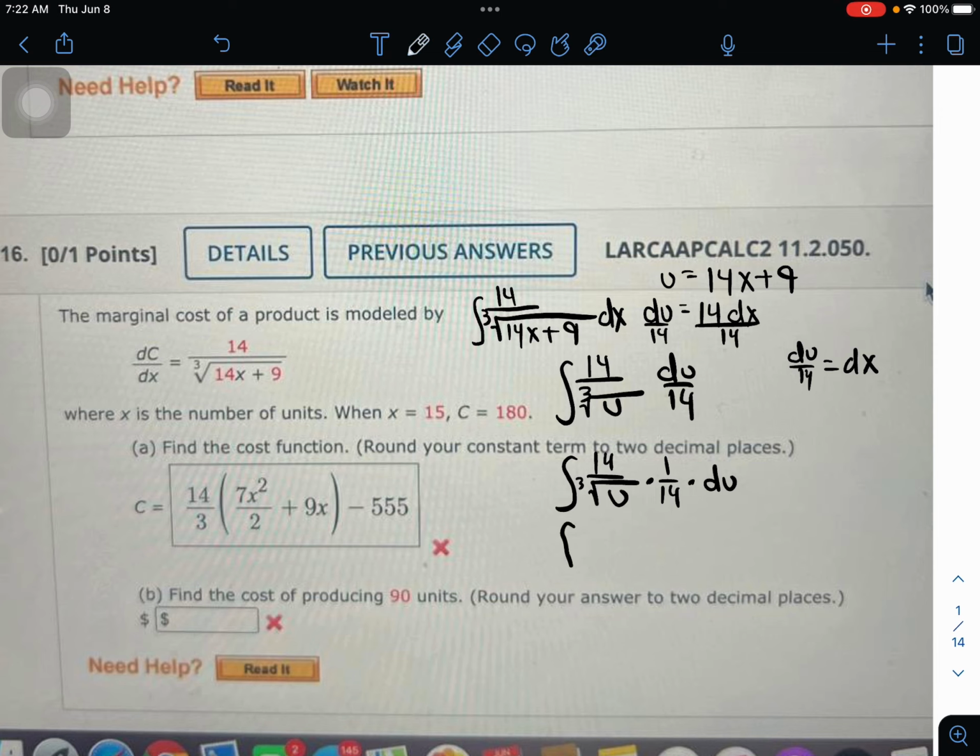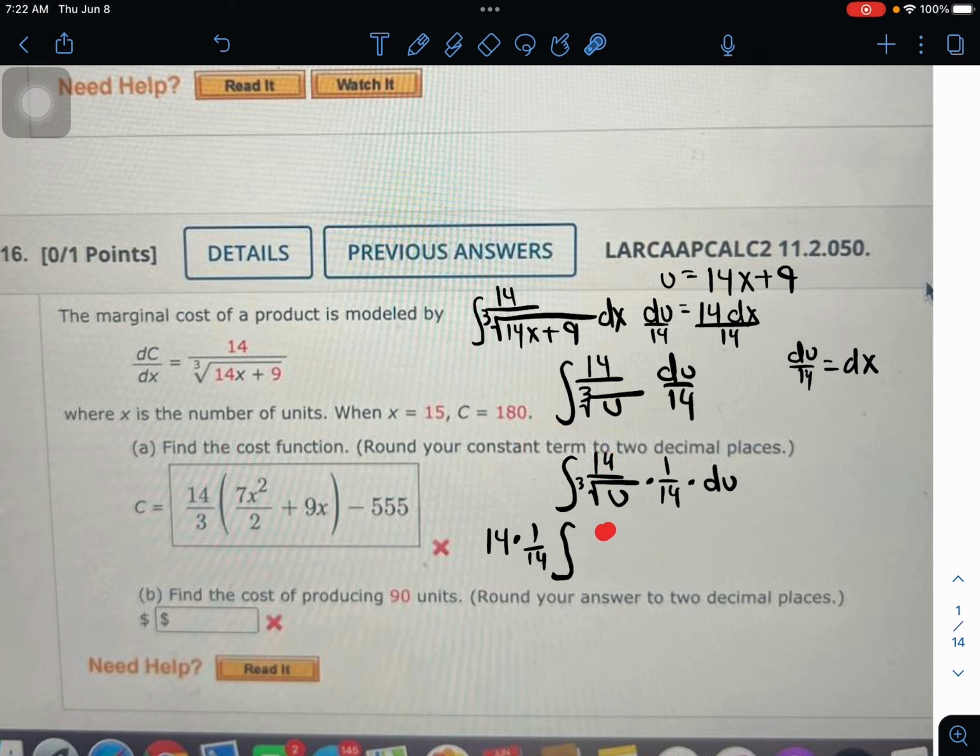This is the integral. This 14, I'm going to pull out outside of the integral, 14. And this 1/14, I'm also going to pull that out to the front. So it's going to be times 1/14. And now in my integral, I just pulled this 14 out to the front.